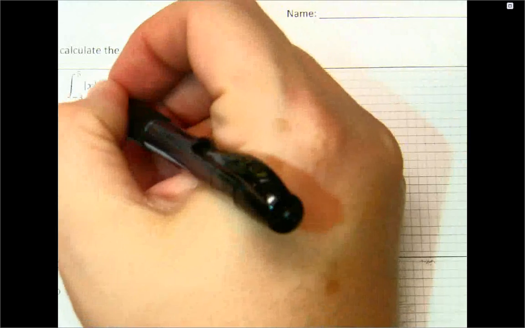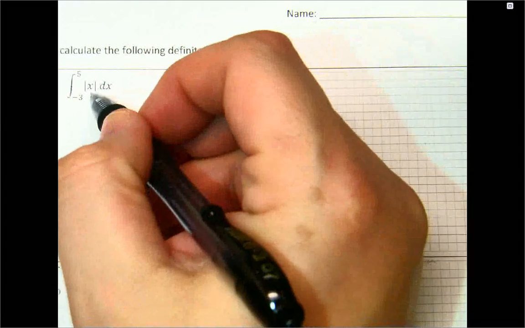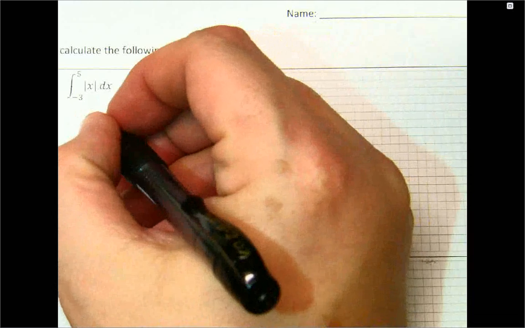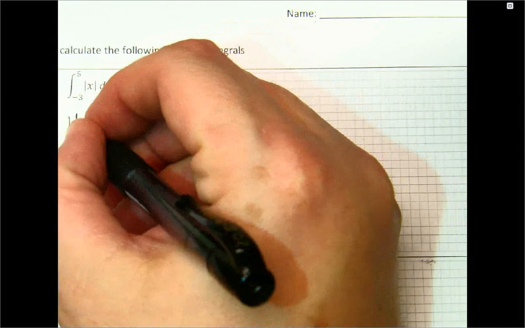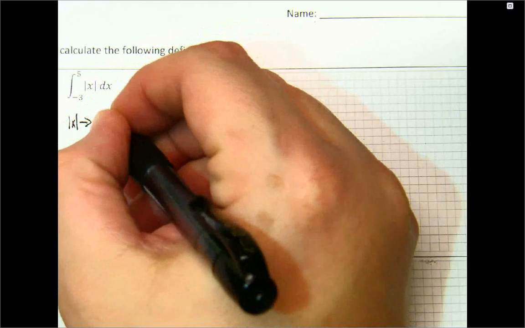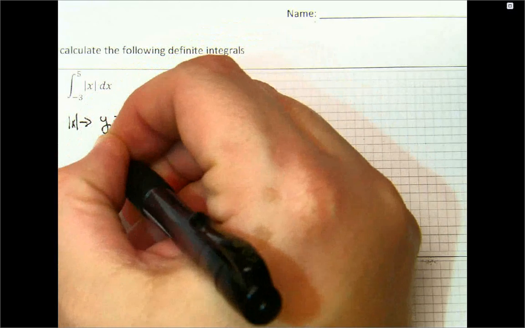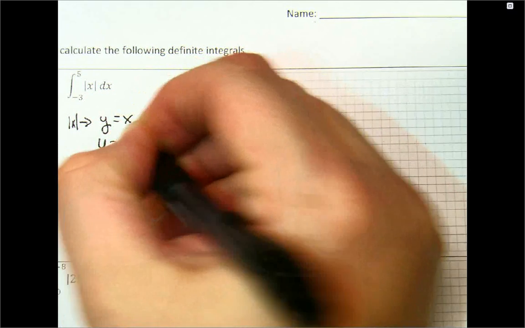And we could take this and say, all right, well, absolute value of x, if we want to graph it, it's going to come down to y equals x and y equals negative x.